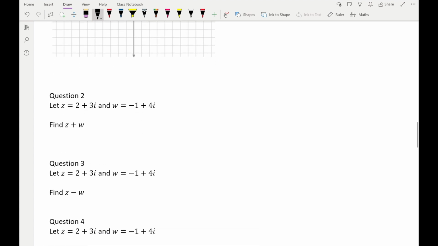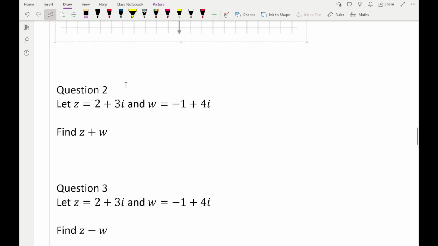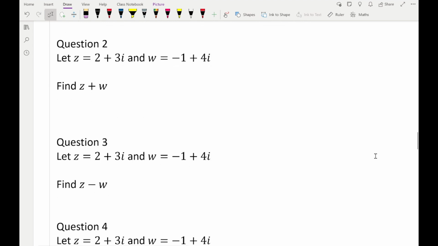Okay, next we've got z equals 2 plus 3i, and w equals minus 1 plus 4i. We're going to find z plus w. So this equals 2 plus 3i plus minus 1 plus 4i. That first bit's z and that second bit's w. You just add the real bits, so 2 with minus 1 is going to give you 1. And then 3 and 4 for the imaginary bits will give you 7.